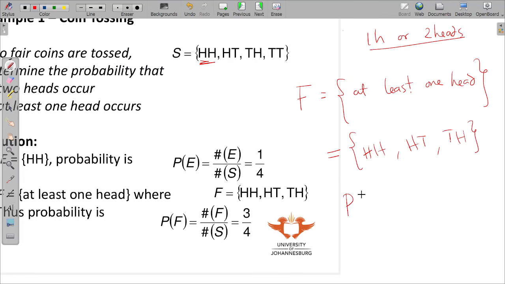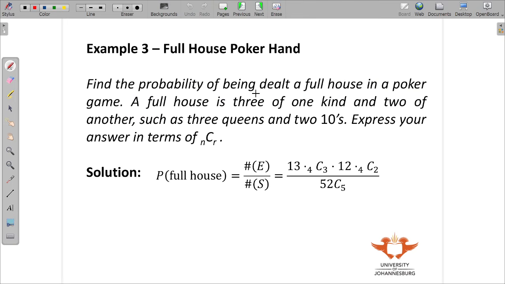So when I want to find the probability of F, how many outcomes do we have in F? 3. How many outcomes do we have in the sample space? 4. So that's why the probability of F is 3 over 4. Please make sure you understand.